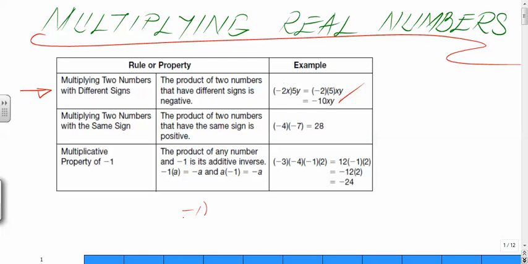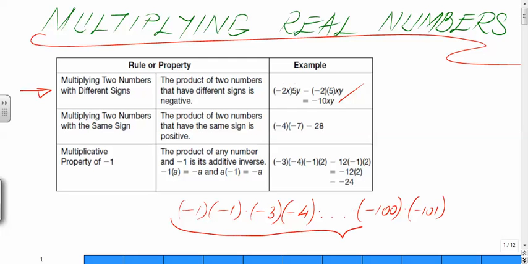Let's say I have negative 1 times negative 1 times negative 3 times negative 4 times, I don't know, negative 100, times, I don't know, negative 101 if you want. And I know this number of negative numbers here is odd, okay? Odd factors.